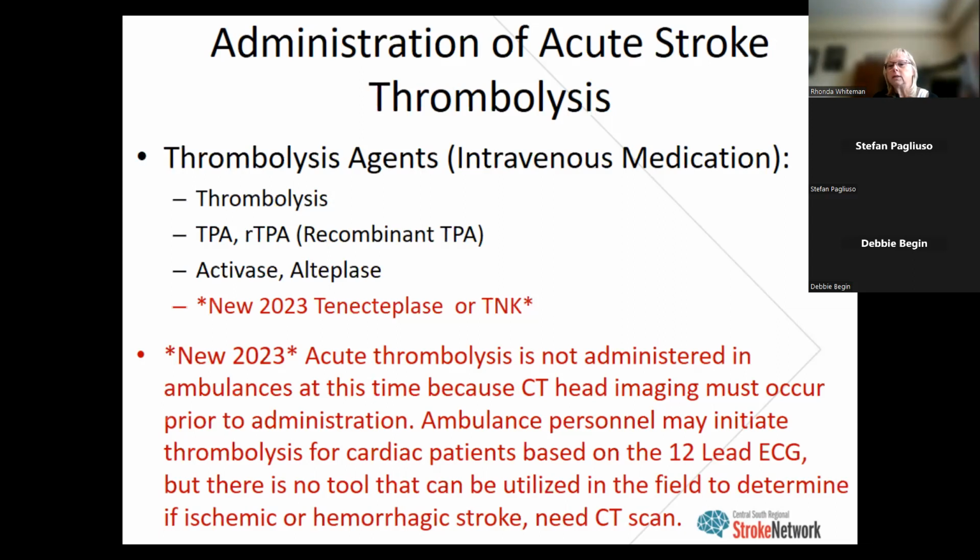Certainly, some stroke ambulances, none in Ontario, but some in the US and in Alberta, I think in Edmonton, have CT scanners in them, so it can be given with support of telemedicine to the paramedics. But in Ontario, we do not have any stroke ambulances at this time.